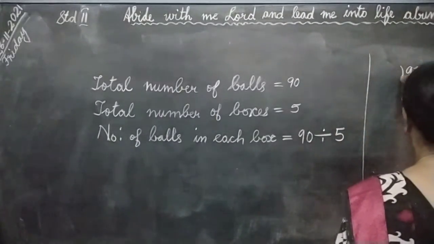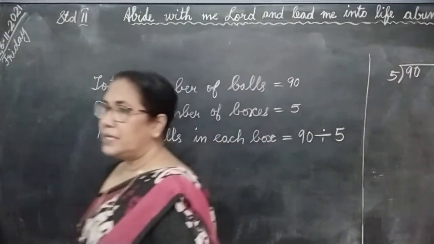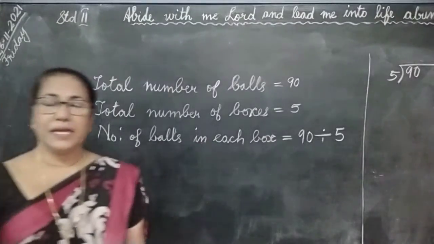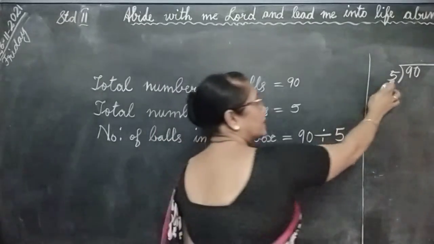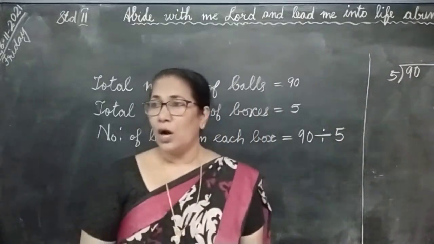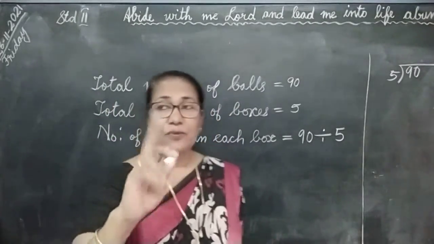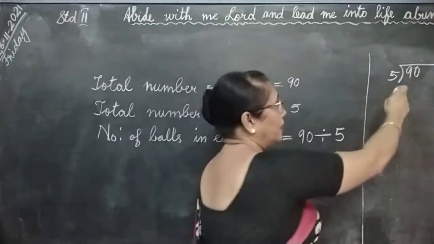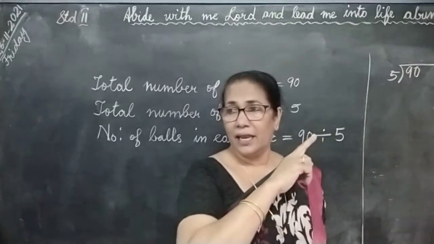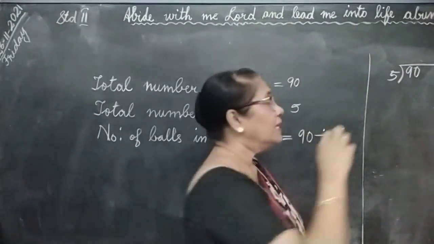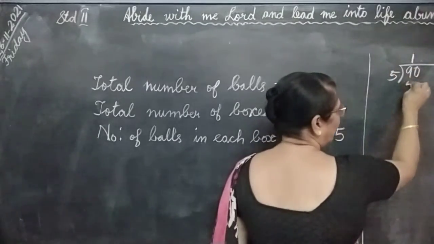90 divided by 5. How many 5s are there in 9? 1. Yes. If you say 2, it will become 10, but that is more than 9. So there is only 1 five in 9. 1 five is 5.